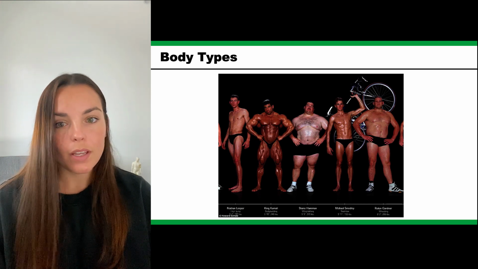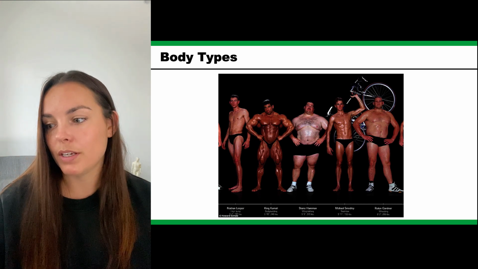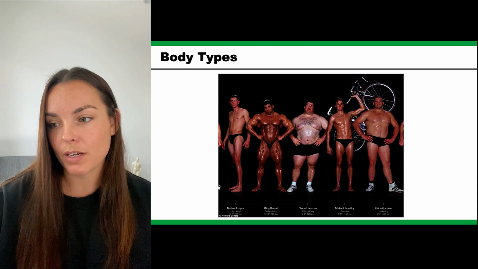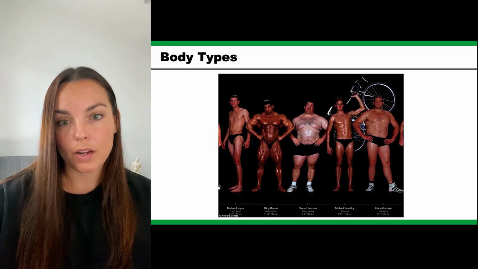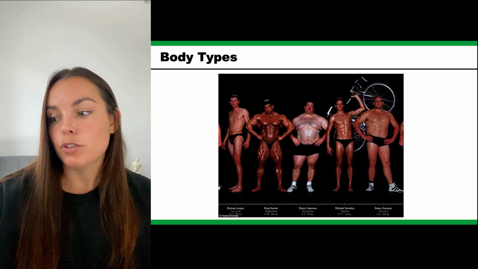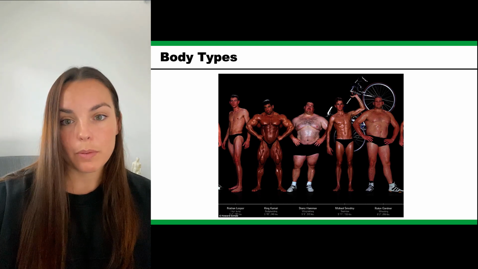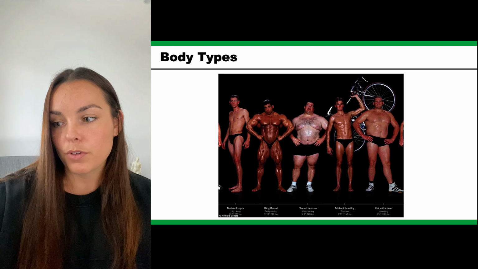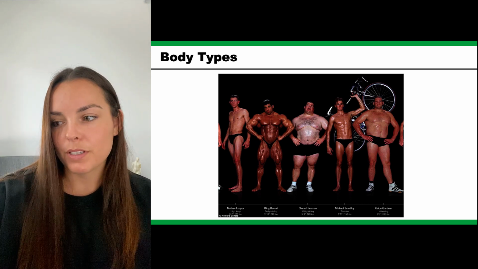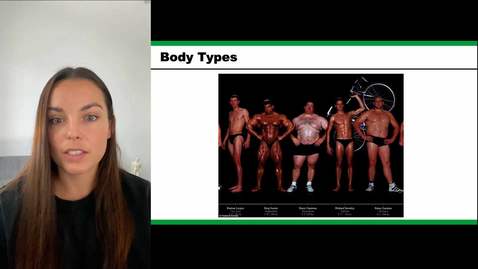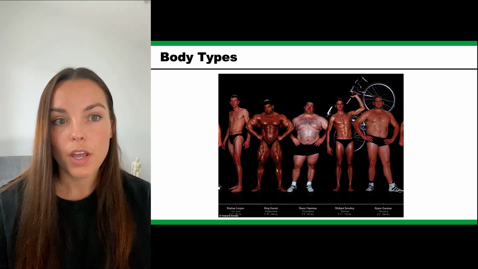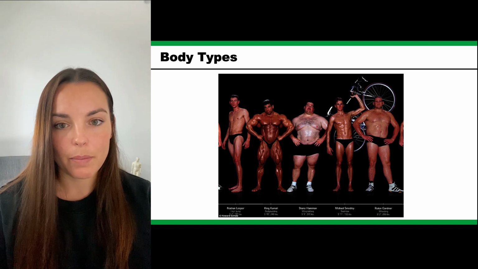Now, there's something very important that I need to bring up when we're talking about somatotypes. And this topic doesn't come without heavy criticism. If you follow people on Instagram, there's a few, I guess you'd call them influencers, that I follow who are very against this classification of body types and somatotyping.